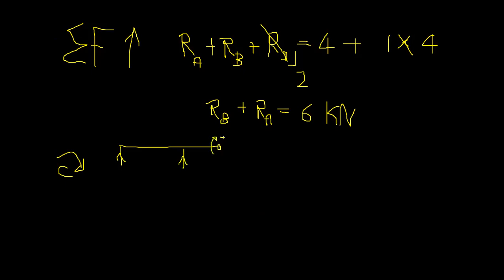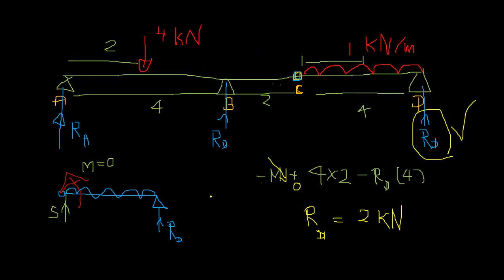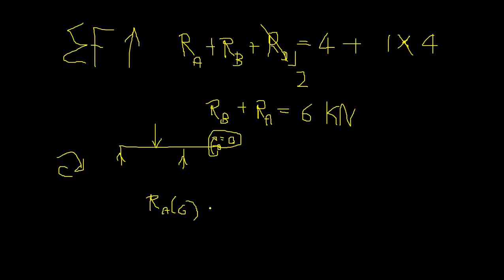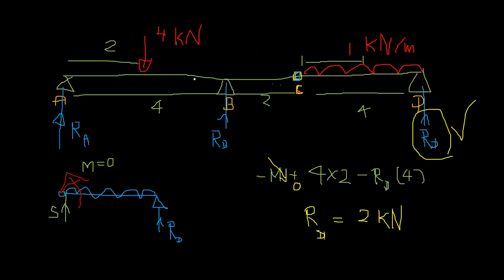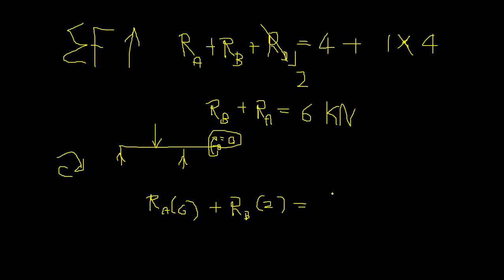So you know the hinge is, the bending moment is 0, right? So you can write RA, it's clockwise into 6, yes, RB as well clockwise into 2 equal to 4 into 4. It's anti-clockwise, right?